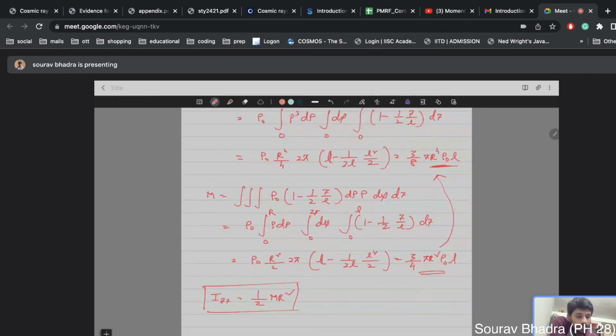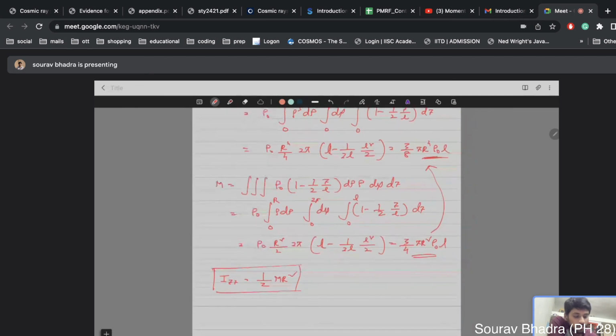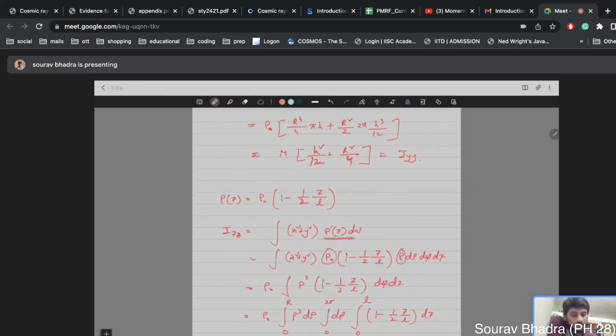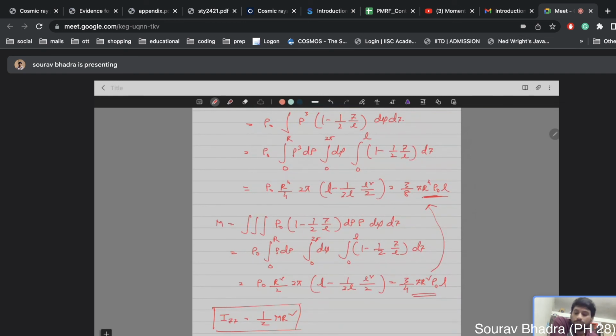But here remember, this result we have got from a non-uniform density. So the main point is this: we have not considered rho equals rho 0 anymore, but we have given a dependence on the vertical distance. So from here we have calculated. This was the result for the cylinder.